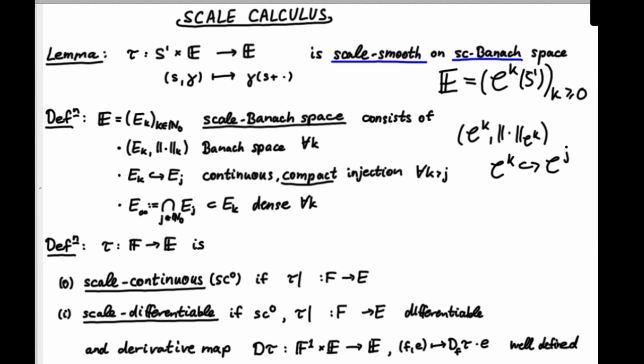And these are all completions of the same space, namely E infinity, the smooth functions. I get them now as intersections of all the scales. So that's your definition of scale Banach space right there.